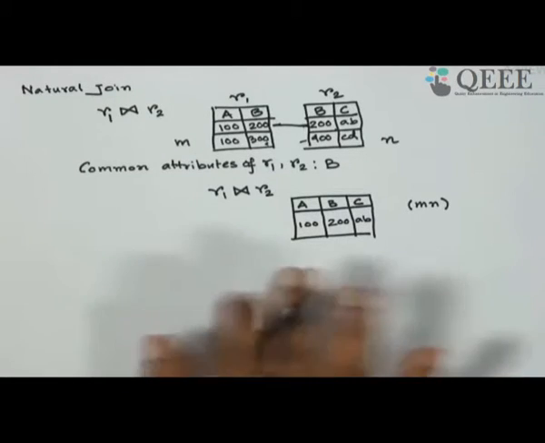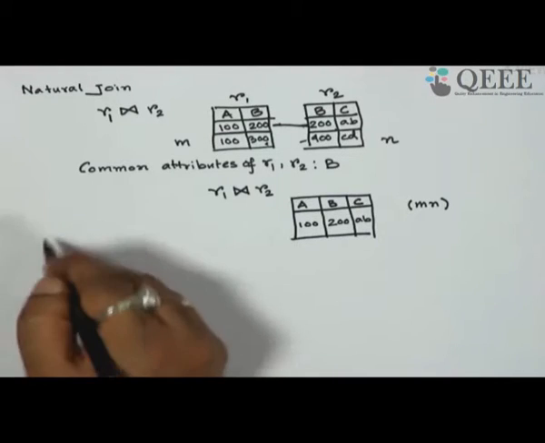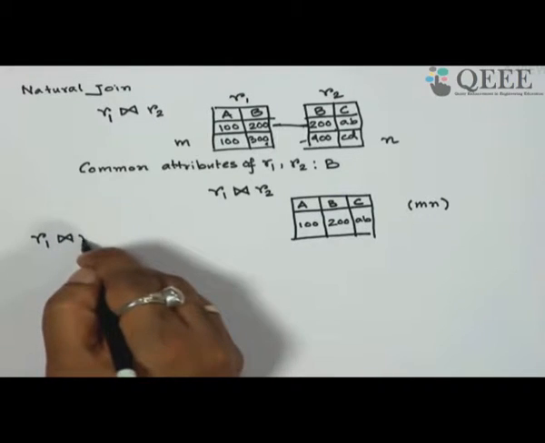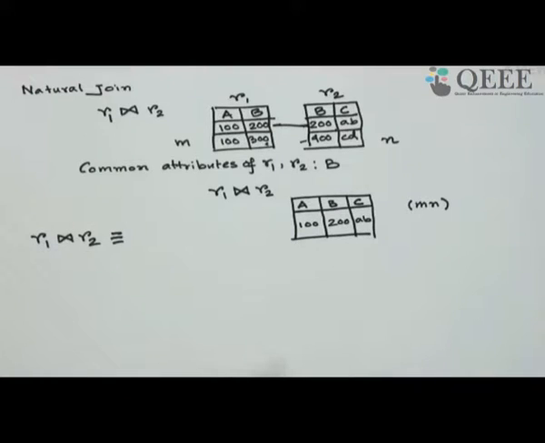Okay, if we take all possible combinations, there will be mn tuples. But we have an additional constraint here, the common attribute should be same. So what I can do is write down this join operator in terms of the fundamental operators we defined. So please think how we can write this.